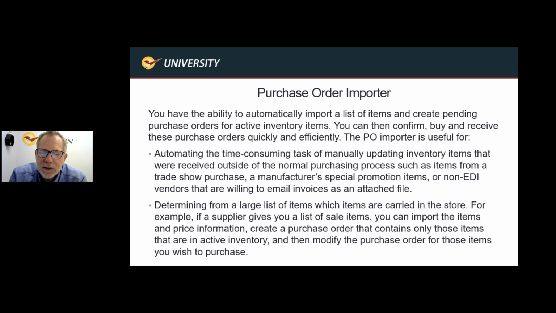Secondly, you can get a long list of items from your supplier, and you can determine through this importer feature which items are carried in the store and which ones are not. This is fantastic for this. This process works really easily and nicely, and it automates the whole process. So for these two reasons, the importer is a very, very useful tool.